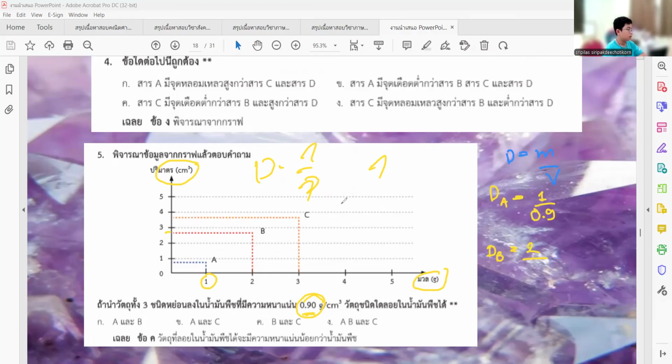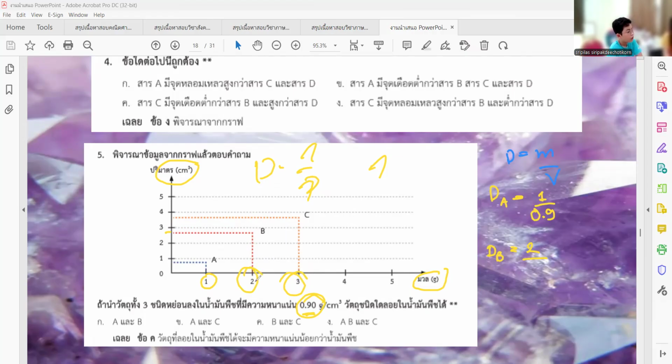The substance that has density less than 0.9 can float on the vegetable oil. I know we have to calculate. Look at this, this is 0.9.